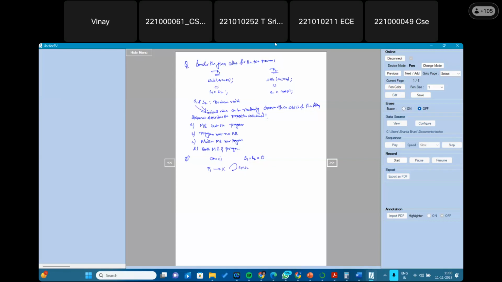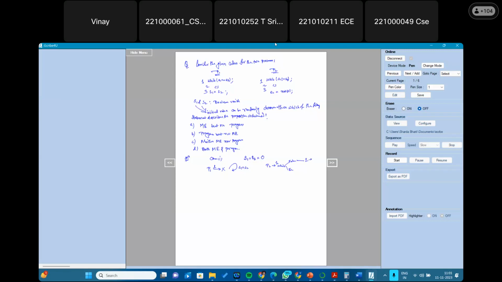P2 executes while S1 not equals S2. Since S1 and S2 are both 0, the loop condition is false, so it executes the critical section.